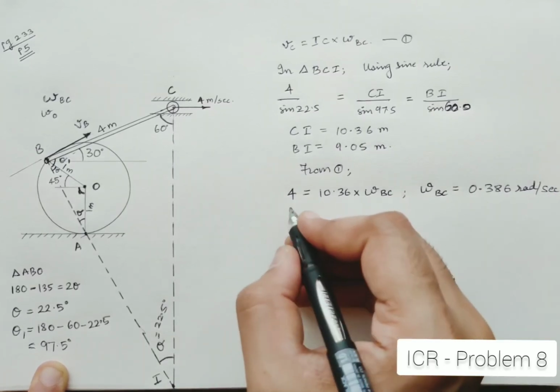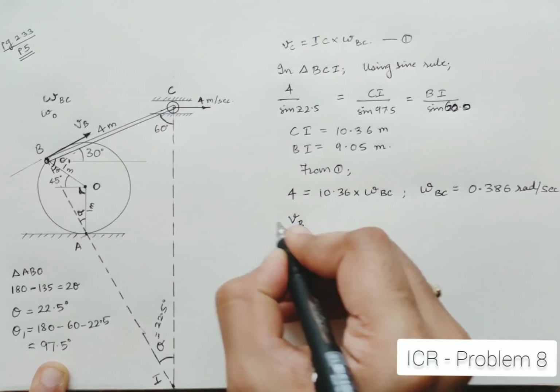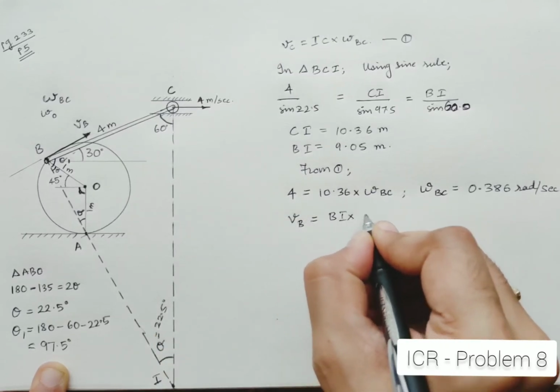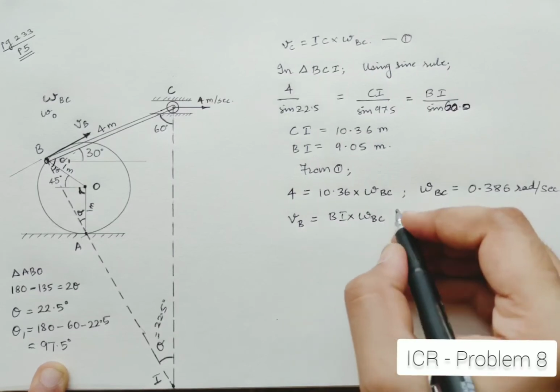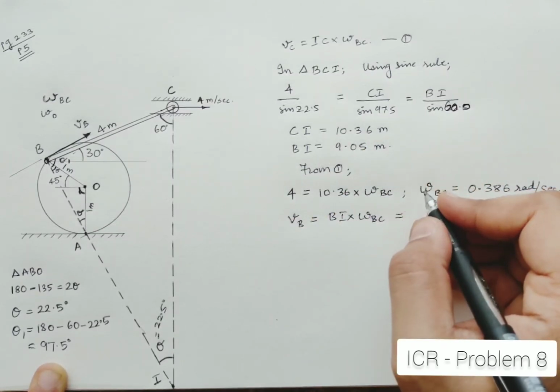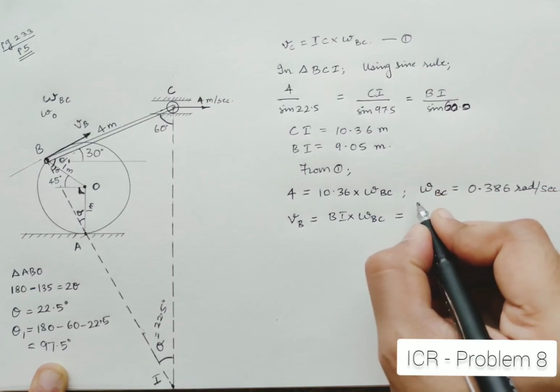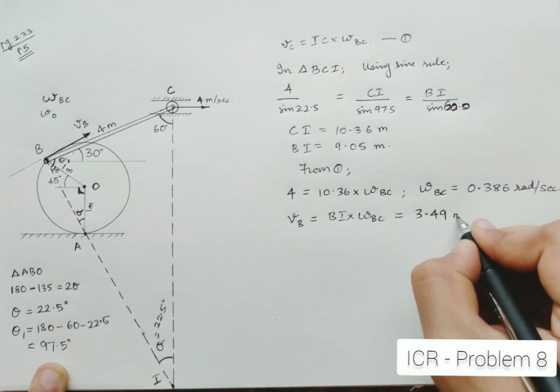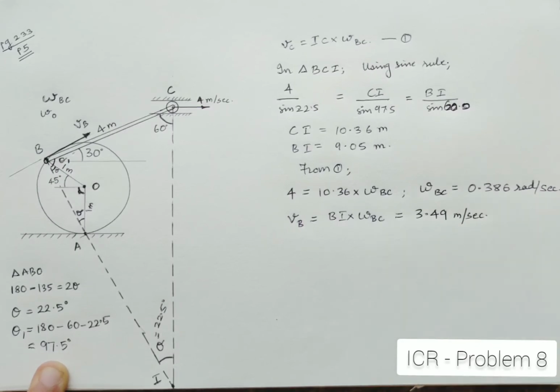Now the same omega, I can use for VB. VB can also be found out as Bi into omega BC. So that can be written as 9.05 into 0.386. So this gives me VB is equal to 3.49 meters per second.